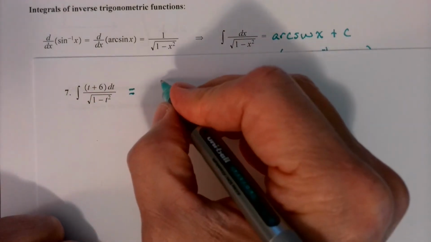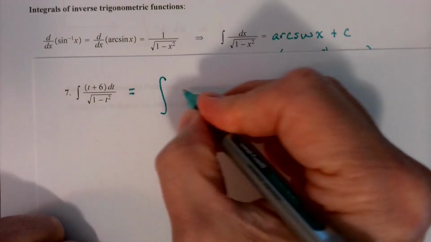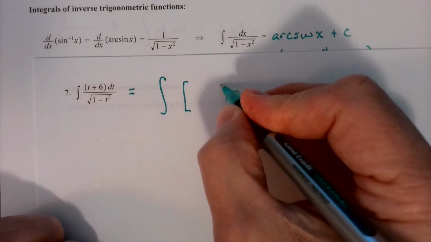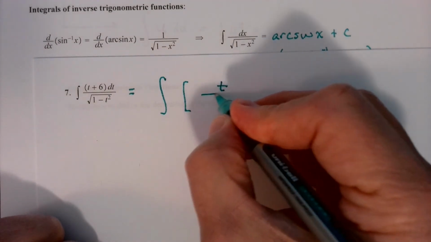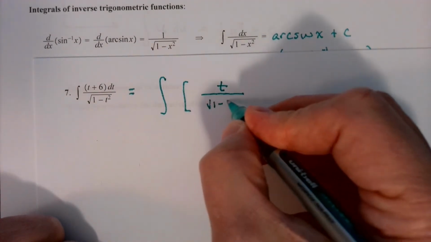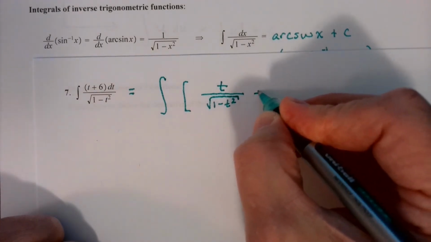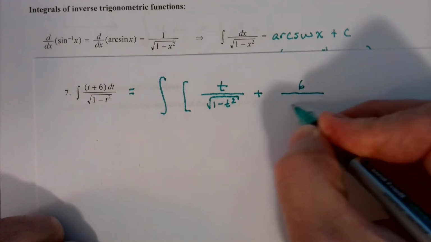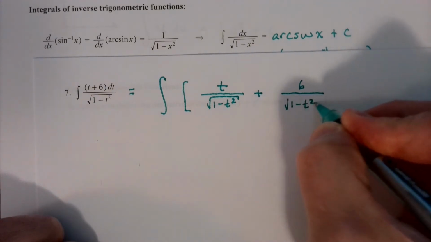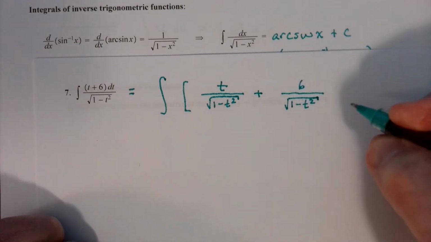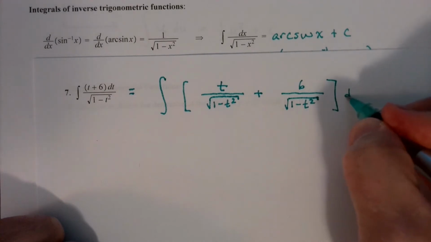And what I'm going to do is exactly that. I'm going to break this up into the sum of two fractions, t divided by the square root of 1 minus t squared, plus 6 divided by the square root of 1 minus t squared, dt.